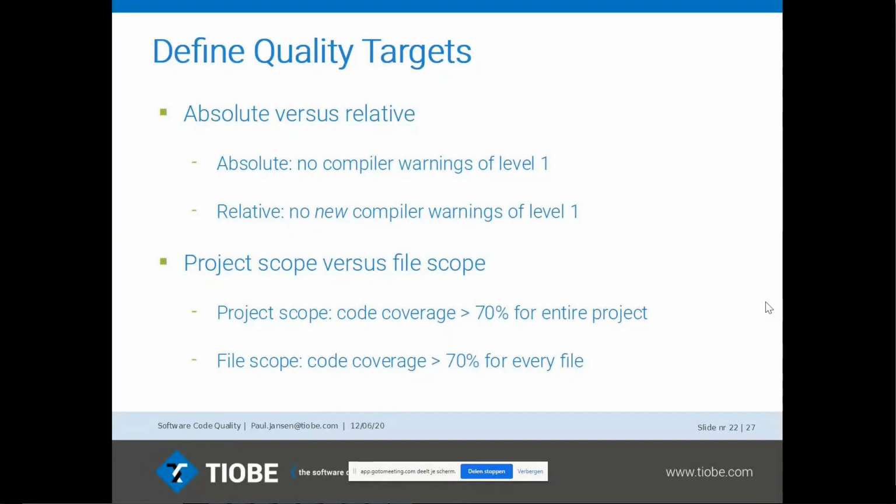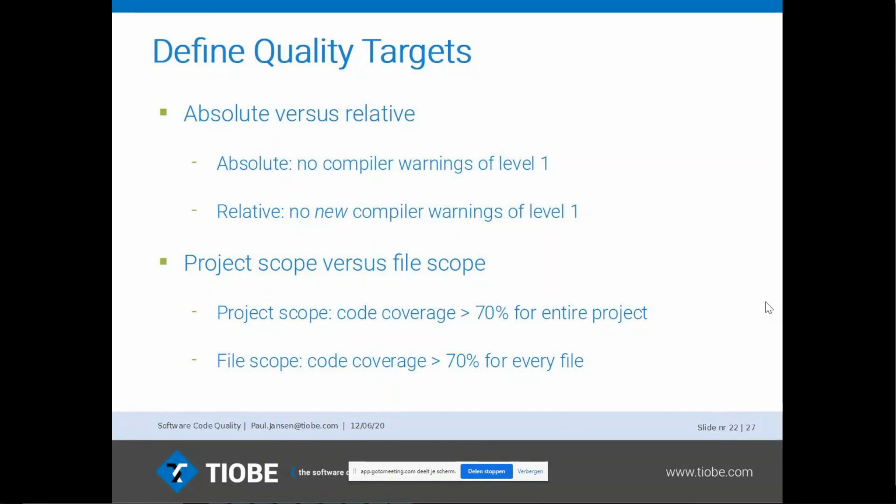So absolute means, for instance, we don't allow any compiler warnings of level 1. That means that as soon as somebody delivers a file that contains a compiler warning of level 1, you are not meeting the quality target.